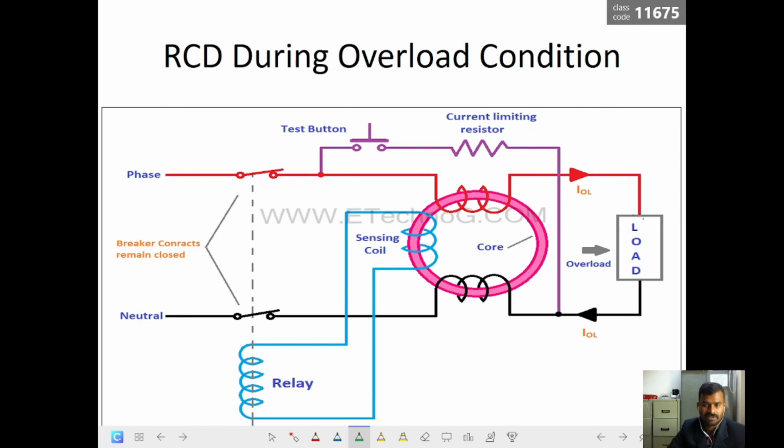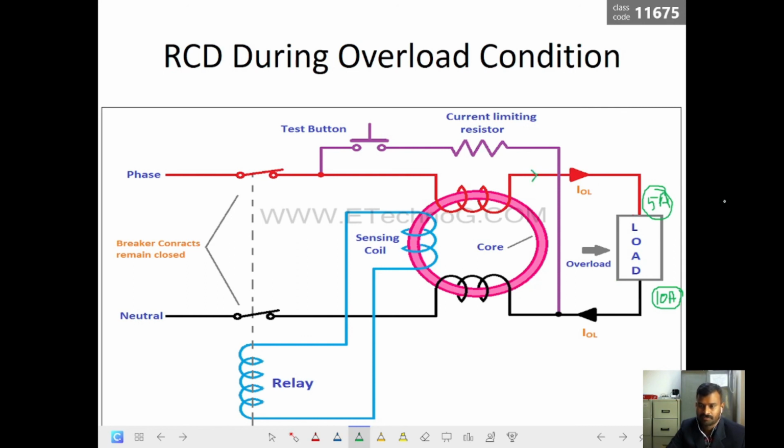Say for example the load is supposed to take 5 amperes of current. This is the normal operating current. But now the load takes 10 amperes of current because of the overload. What will happen in the RCD?